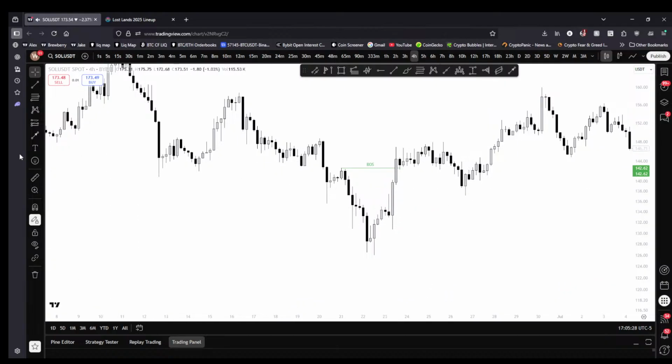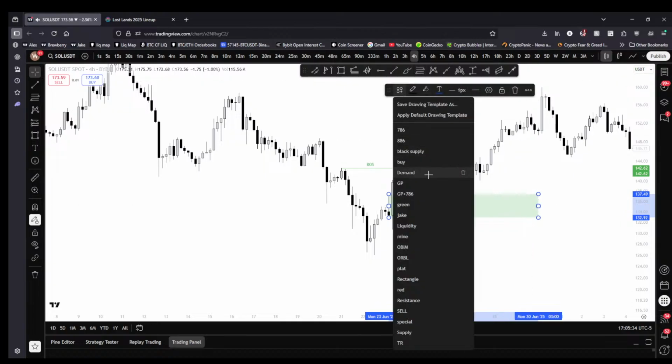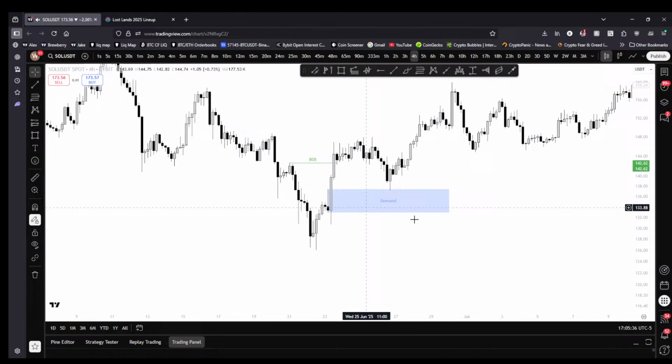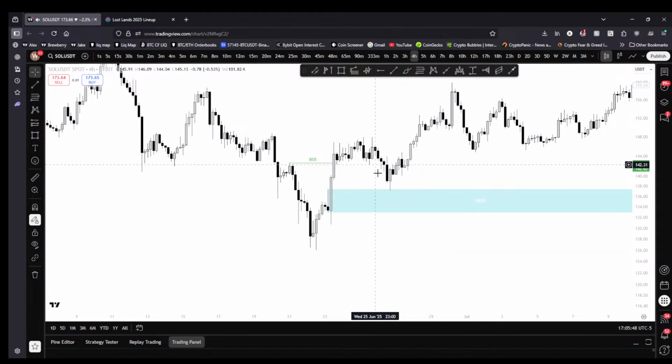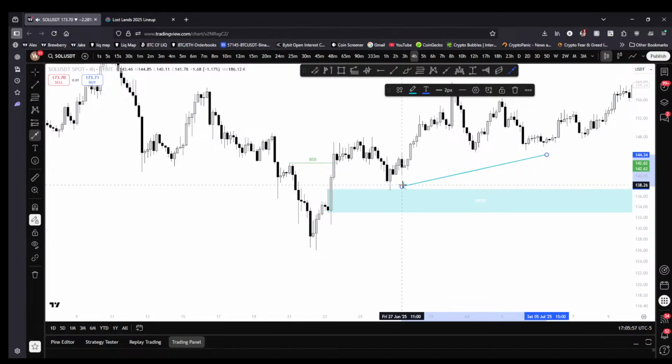If we were to mark this out, we notice that the price came down to the previous order block before continuing structure to the upside. By looking at the reaction here, you can understand the value of these, right?